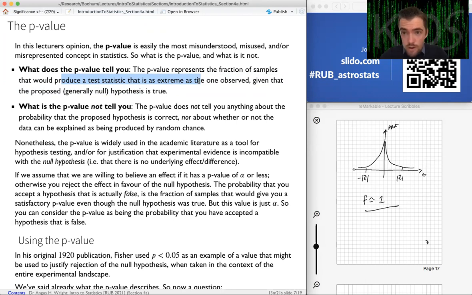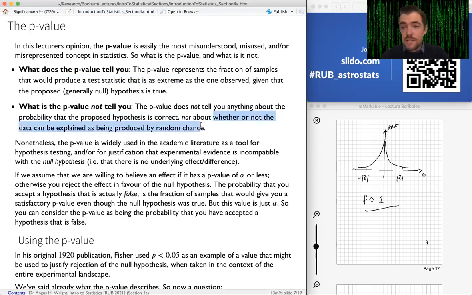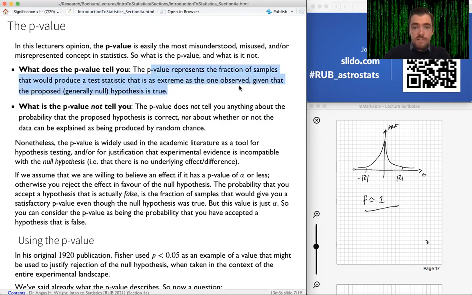What it explicitly does not tell you is anything about whether or not the proposed hypothesis is correct, nor does it tell you anything about whether or not the data can be explained as being produced by random chance. The only thing that the p-value tells you is this thing above.